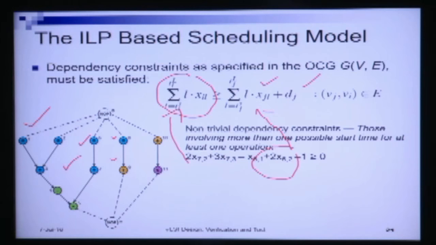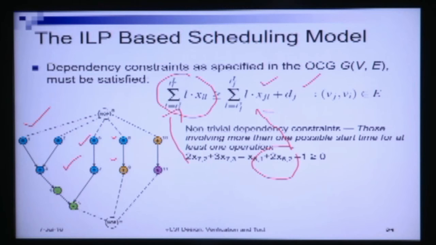It says that the 6th operation can either start in the 1st time step or in the 2nd time step. And how do we denote its time? It can be either 1 into x61 or 2 into x62. So, the start time is denoted by this expression.